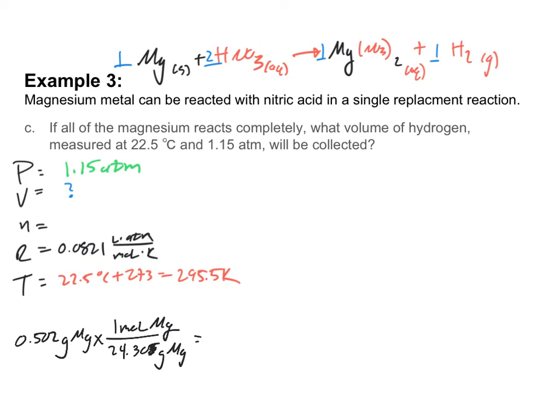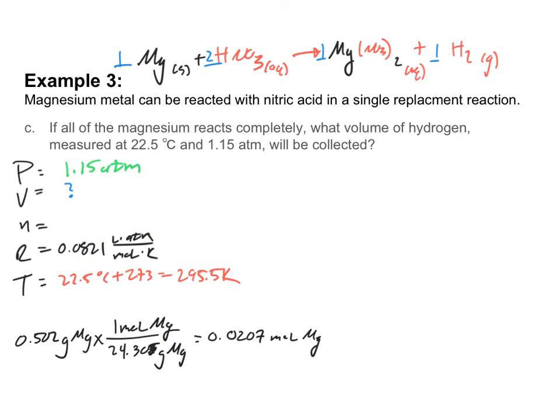Okay, I get something like, whoa, what happened here? Oh, I did the wrong math. 0.502 divided by 24.30 would be 0.0207 moles of magnesium.